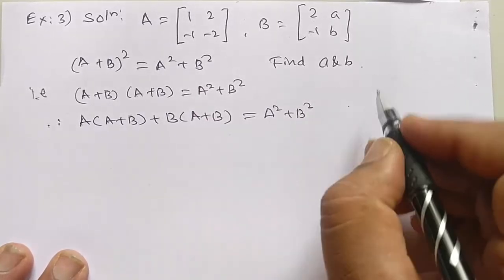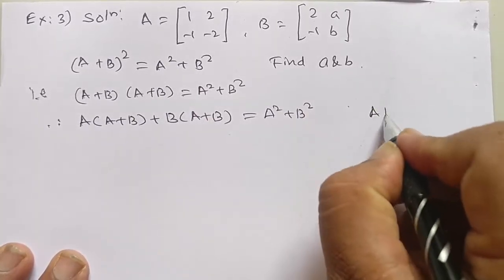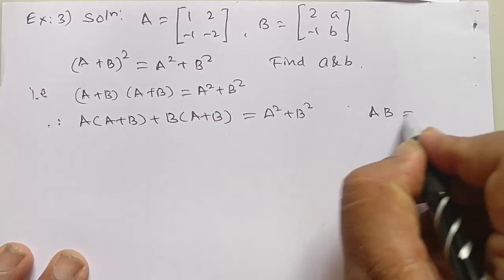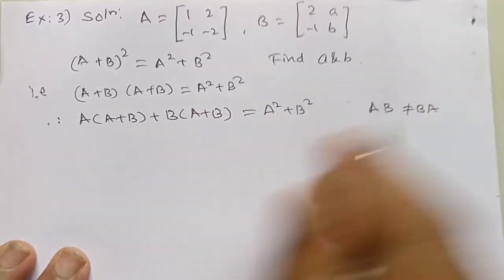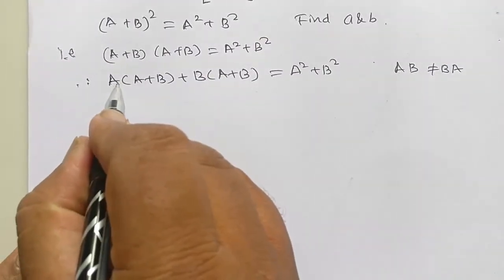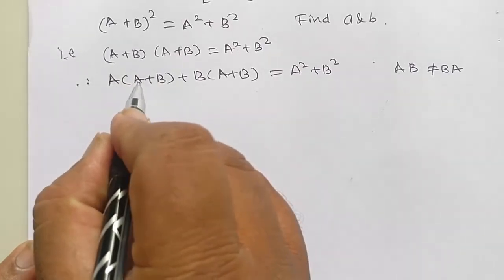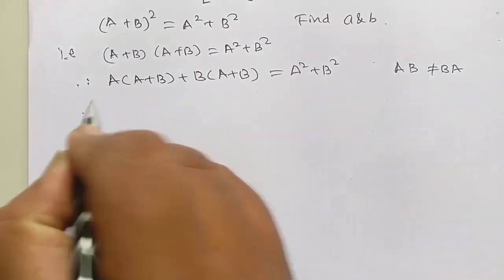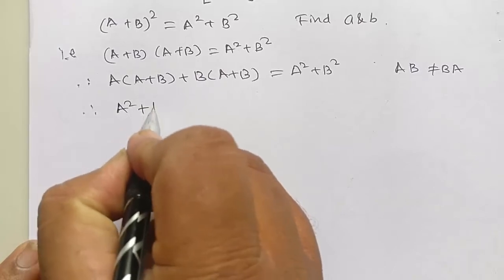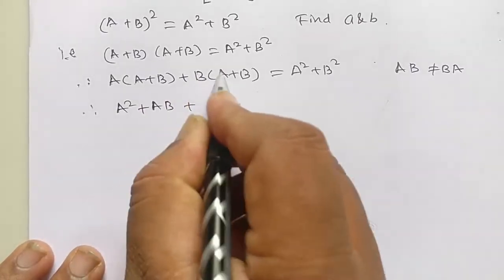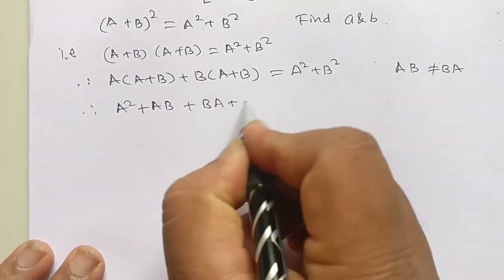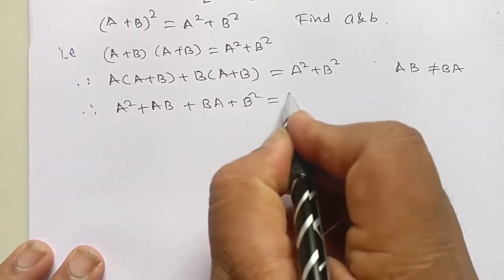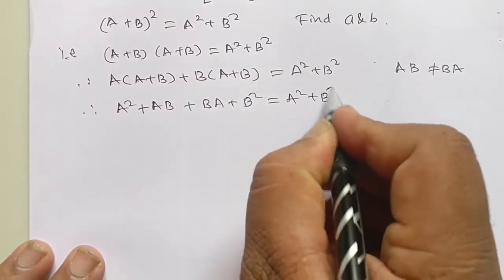We know that in general matrix multiplication is not commutative, meaning AB is not equal to BA. So pre-multiplying A to each term of the bracket, therefore A into A, that is A square, plus A into B plus B into A plus B into B, that is B square, is equal to A square plus B square.